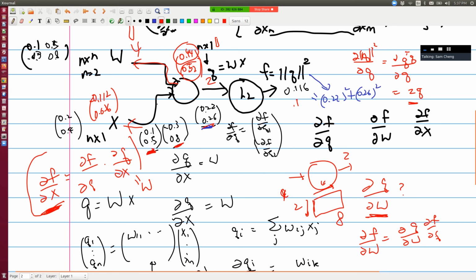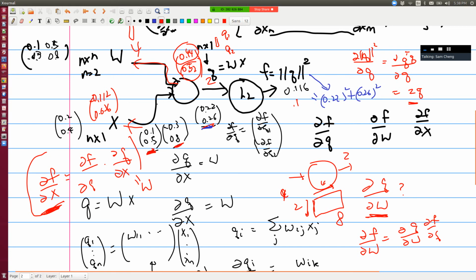I guess it's easier to think of Q, instead of as a dimension of 2, as having 2 different outputs, Q1 and Q2, say.